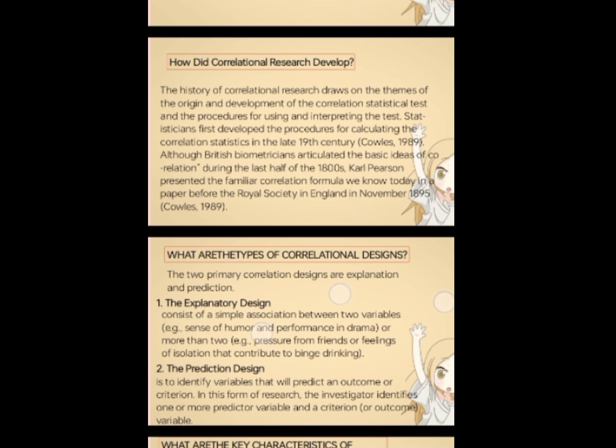So, the explanatory design, also known as an explanatory correlational design, focuses on understanding the extent to which two or more variables covary. This means the researcher aims to explore how changes in one variable are reflected in changes in another. So the second one is the prediction design. Prediction design is to identify variables that will predict an outcome or criterion.